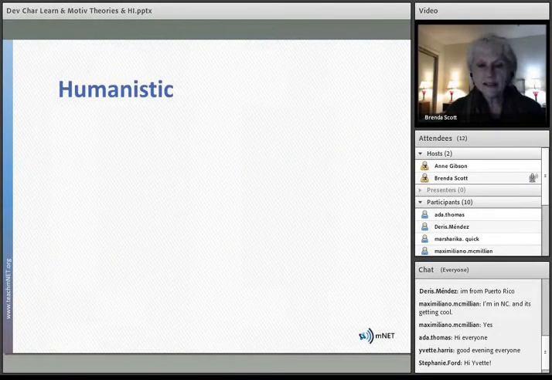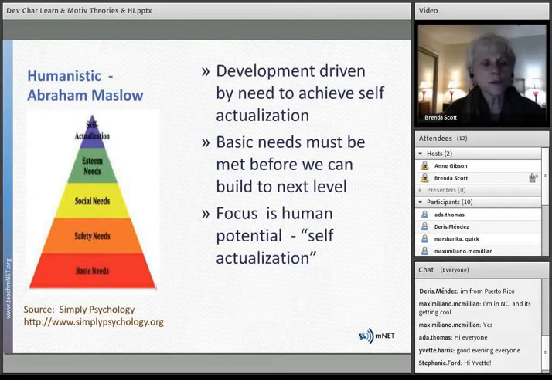And then lastly, the humanistic approach. Abraham Maslow is probably the most well-known person here, although the next person I'm going to tell you about is also fairly well-known. But Maslow, I think, was kind of first out of the gate to talk about what people need and what kinds of needs we have.